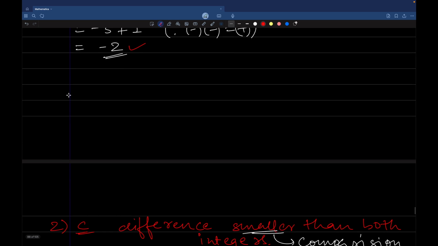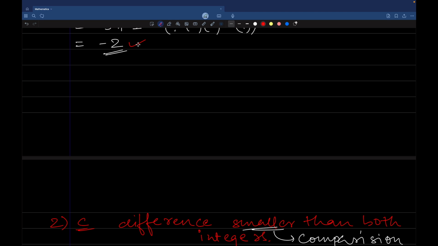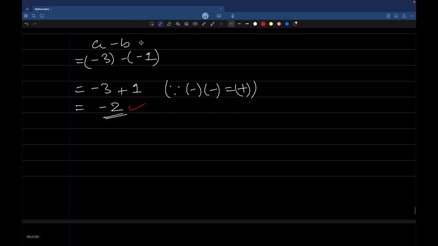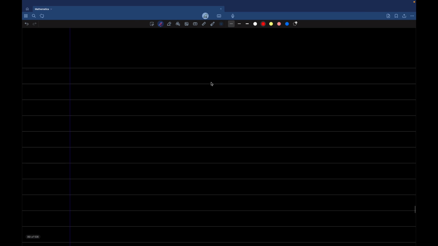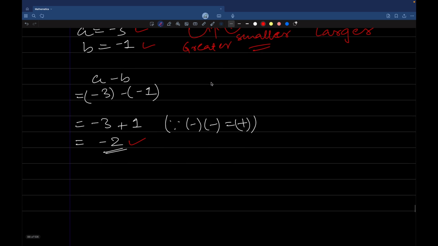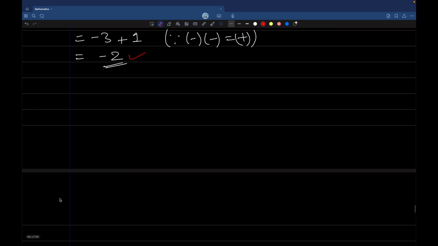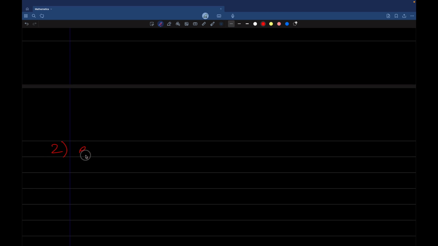Now let us solve question number 2e. We have to find a difference greater than both integers.